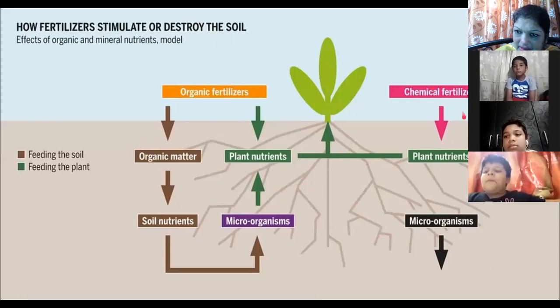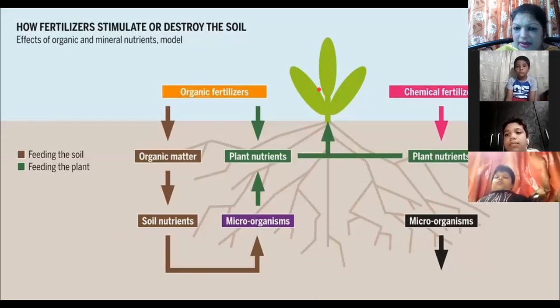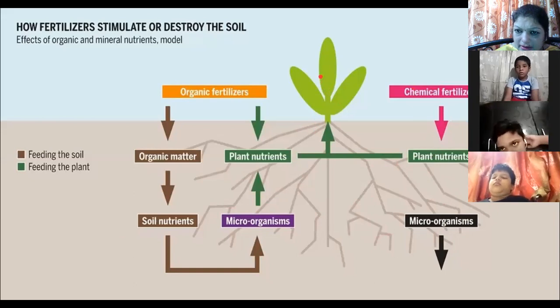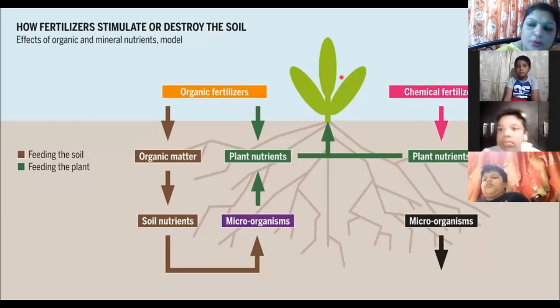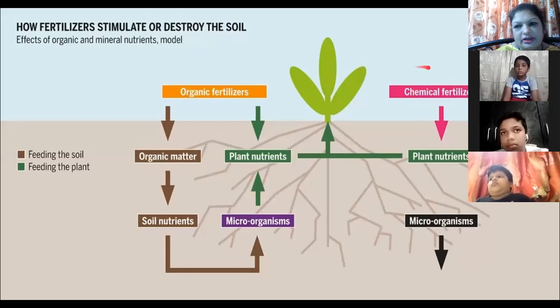Straight away the chemical fertilizers are mixed into the soil, and the plant nutrition is being provided to the plant. It is not reaching down here. It is going straight towards the plant, which will give you a higher production of crops. But excessive use of chemicals will damage the fertility of the soil.